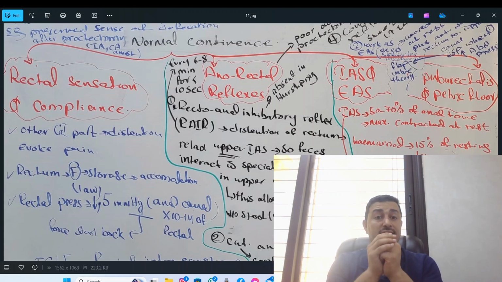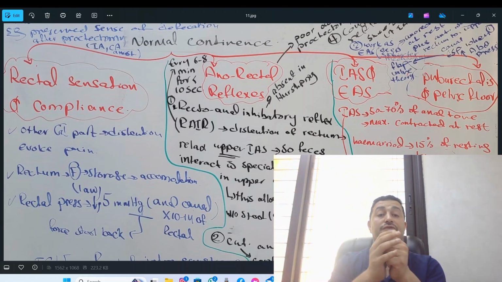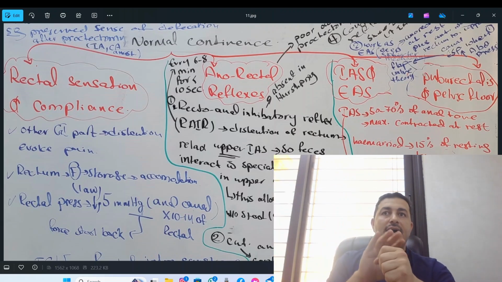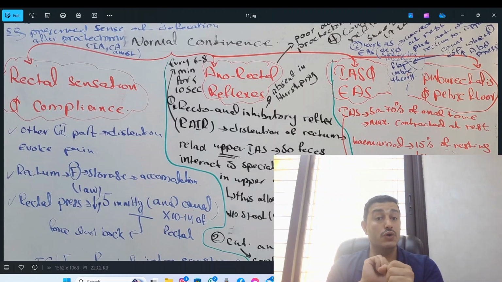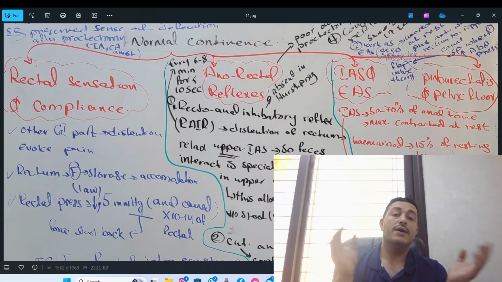The internal anal sphincter, which is under sympathetic and parasympathetic innervation, involuntary, is usually contracted, and the pressure in the anus is the responsibility of the internal anal sphincter, up to 70%. So this is one. Any injury to the internal anal sphincter will lead to passive stool incontinence. You will not feel that there is already soiling, stool in the underwear.